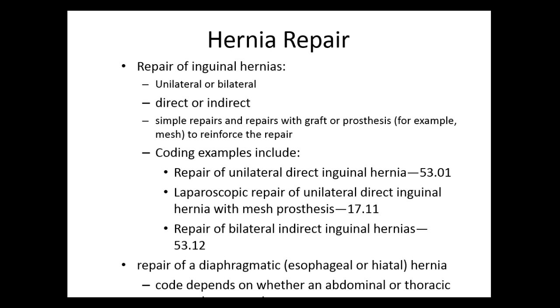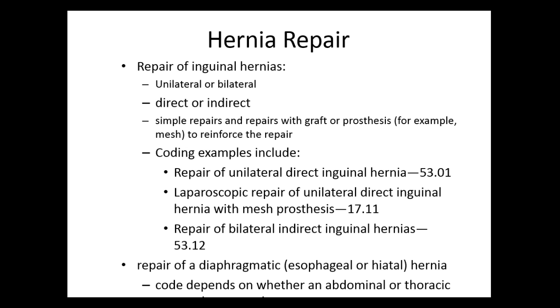Hernia repair codes also make a distinction between simple repairs and repairs with a graft or prosthesis, such as a mesh, to reinforce the repair. In coding repair of a diaphragmatic or esophageal or hiatal hernia, the access for the code depends on whether an abdominal or thoracic approach is used.